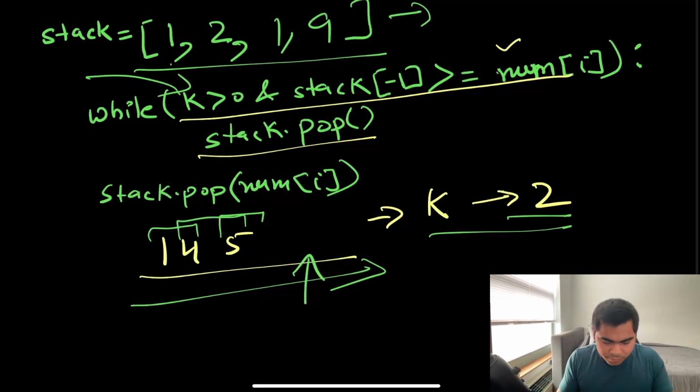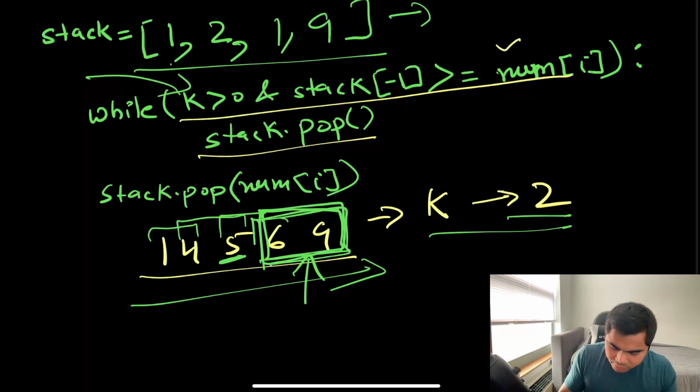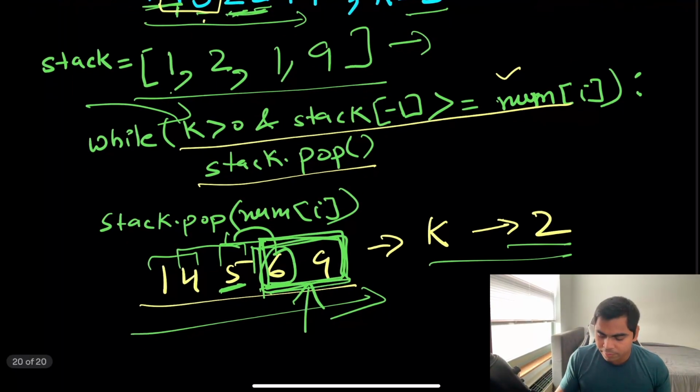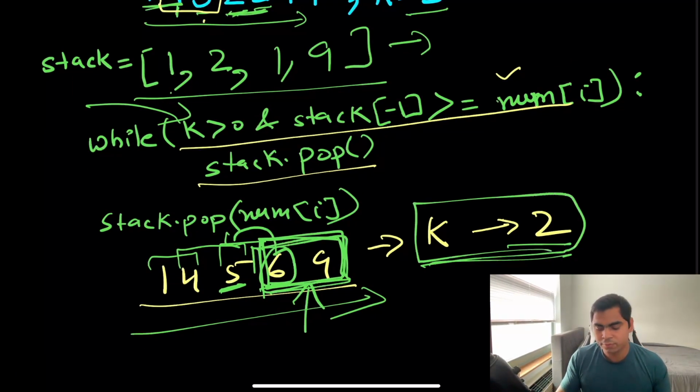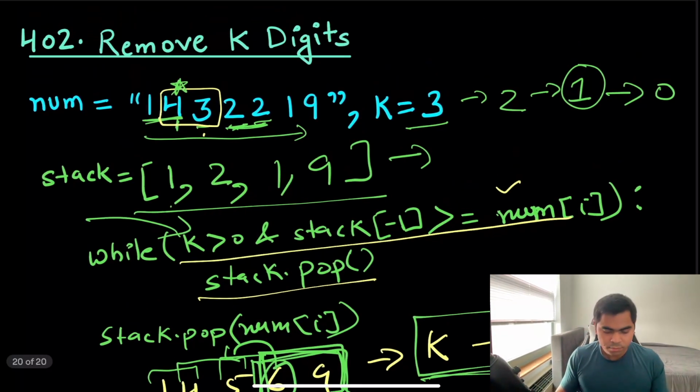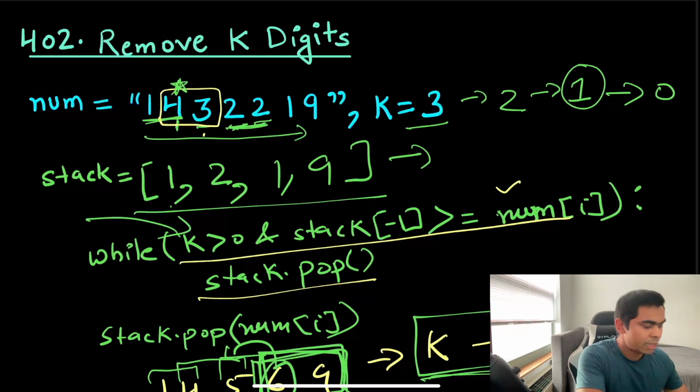Because if you remove something from here, that means this number shifts and takes its place, which is actually greater than 5. So in this case we will make a decision that we remove all of the k number of digits from the end of the number. Okay, so that will be a special condition.